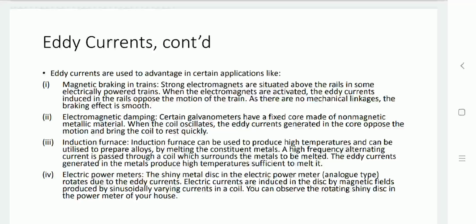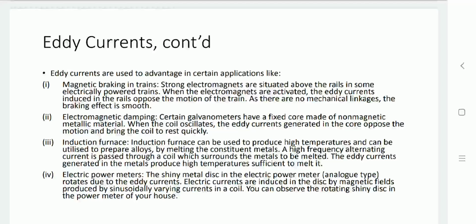Third is the induction furnace. An induction furnace can be used to produce a high temperature, and can be utilized to prepare alloys by melting a metal. High frequency alternating current is passed through the coil which surrounds the metal to be melted.